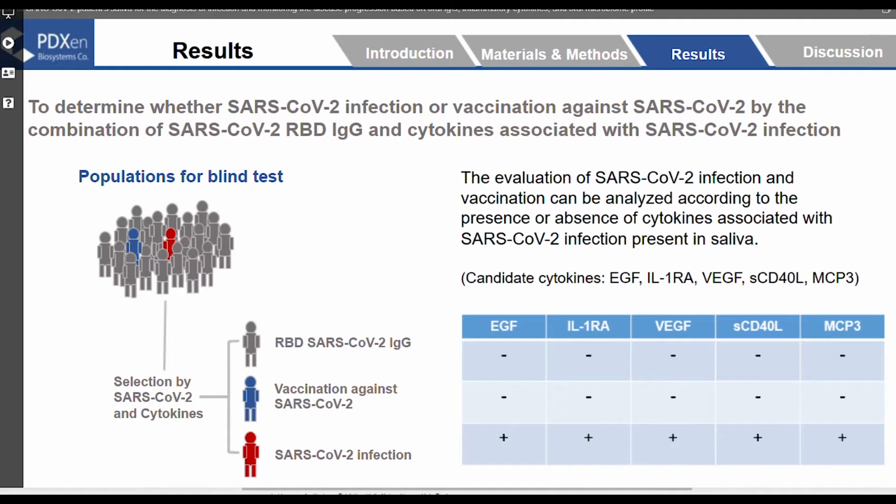And the other group has high IgG and also high cytokine levels, so we can select the SARS-CoV-2 infections, whether or not they have vaccines.